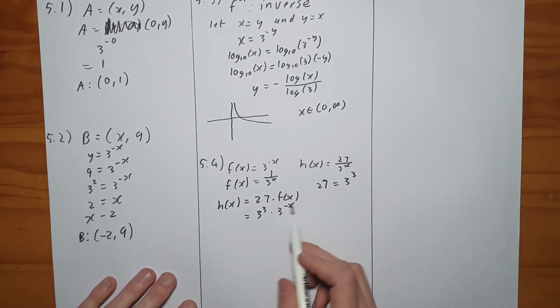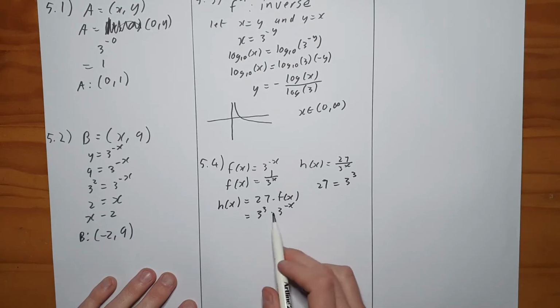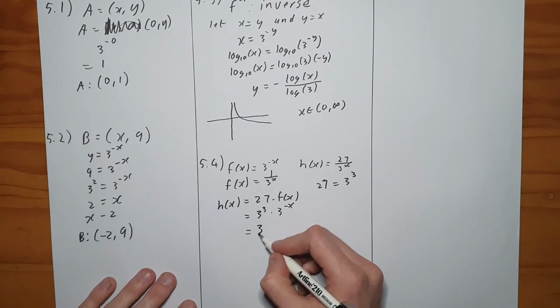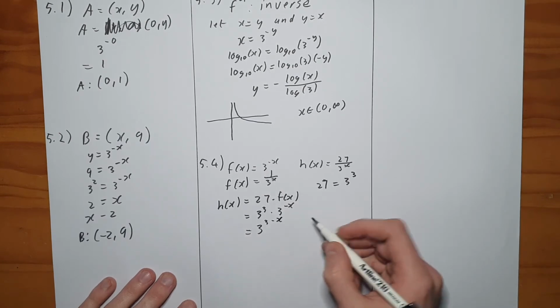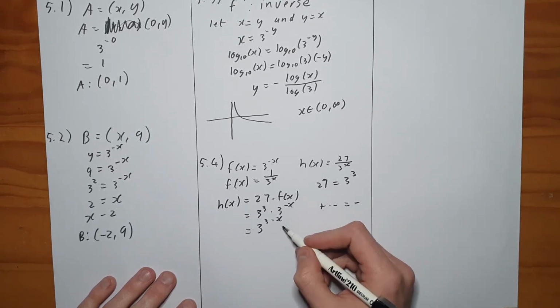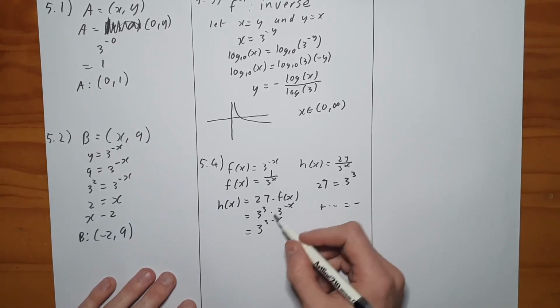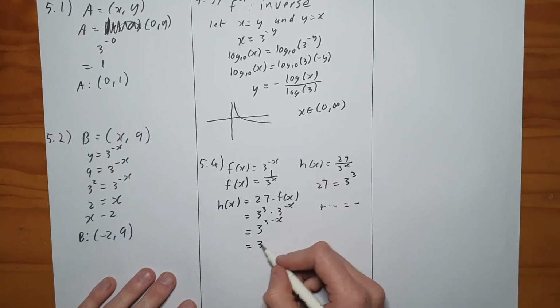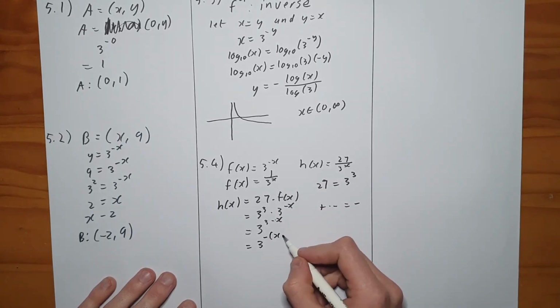From our rules, if it's multiplying and they have the same base, we add the exponents. So that's going to equal 3 to the power of 3 minus x. Why? Because positive times a negative equals a negative. But now I want this to look like my function up here, so I'm going to take out the negative: 3 to the negative x minus 3.